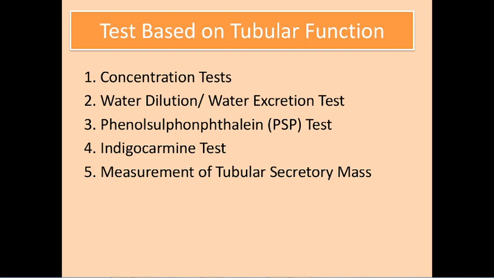The specific gravity of urine for a normal individual will be from 1.003 to 1.030 in response to fluid intake. But in the case of tubular disease, it remains 1.010. Whether you take fluid or not, it remains constant. So by measuring the specific gravity of urine, you can check the tubular function.